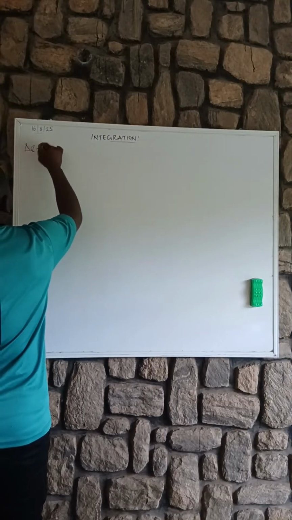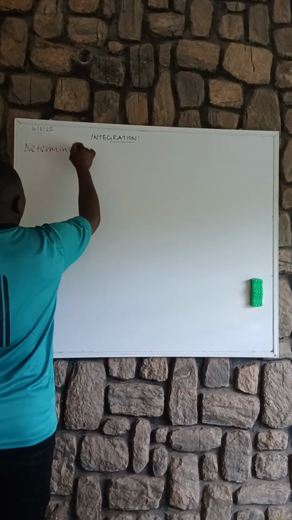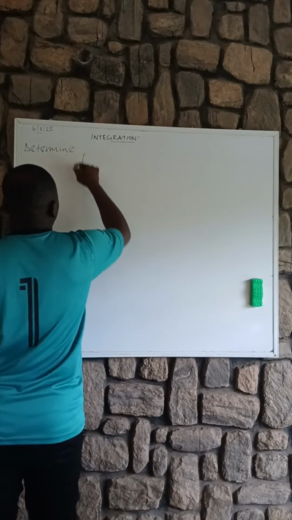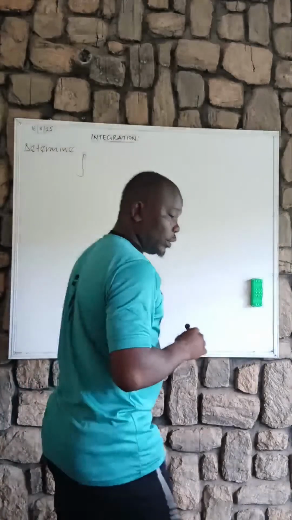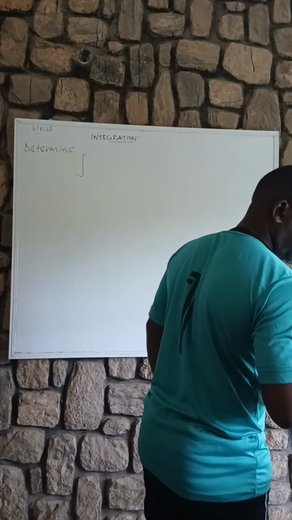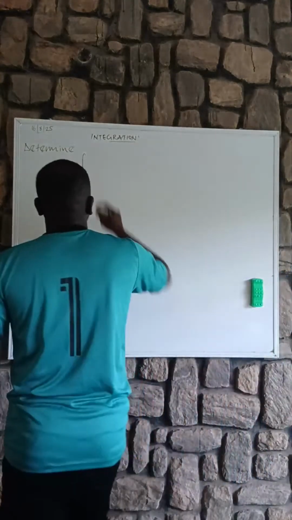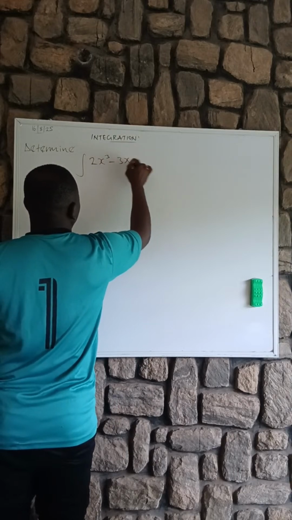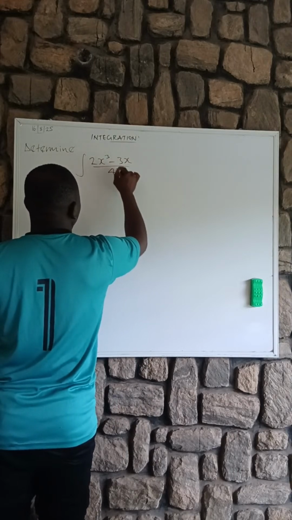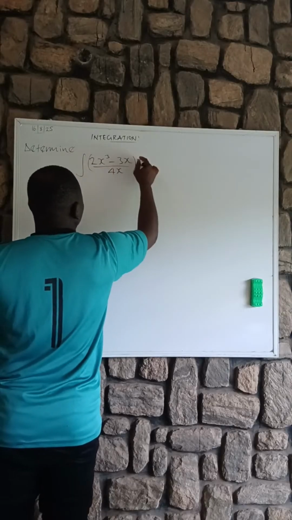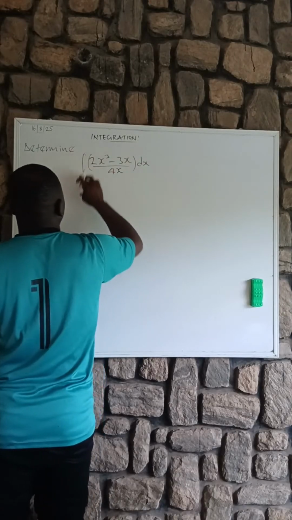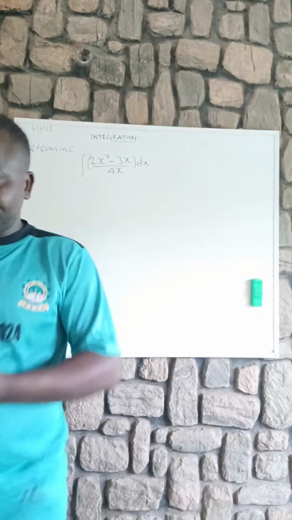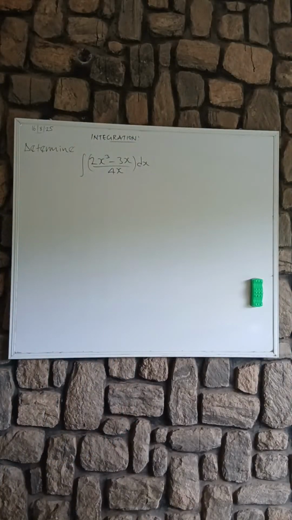Determine the integral of 2x raised to power 3 minus 3x all over 4x dx. As simple as ABC. It is not difficult. Amen.